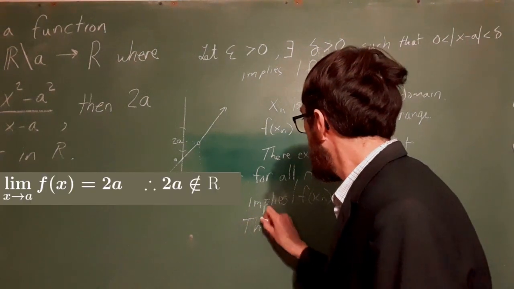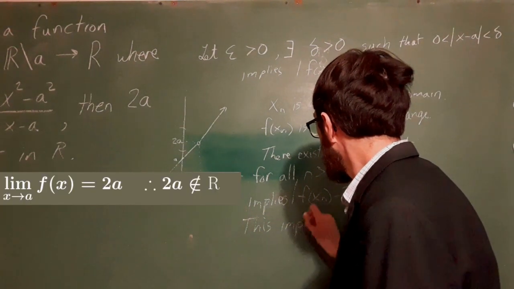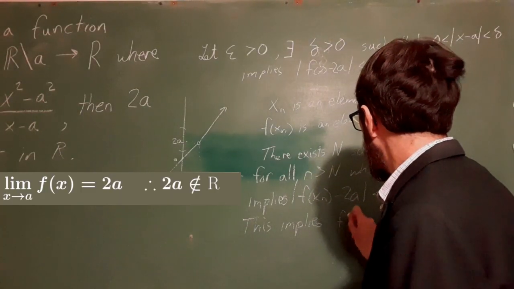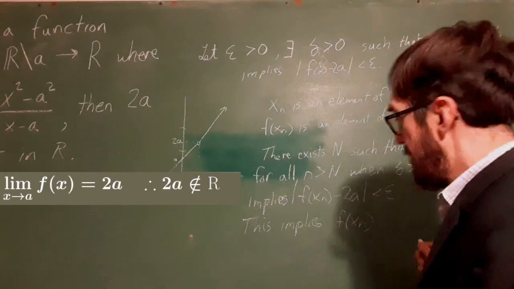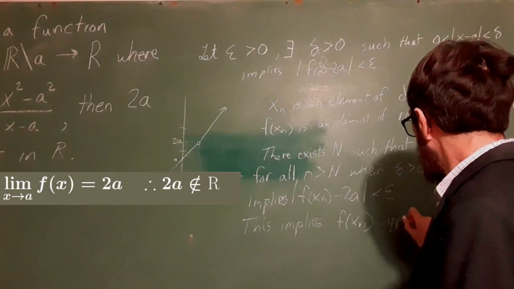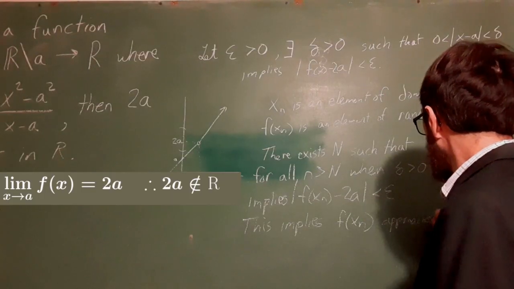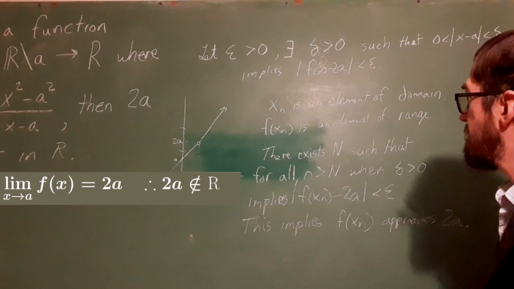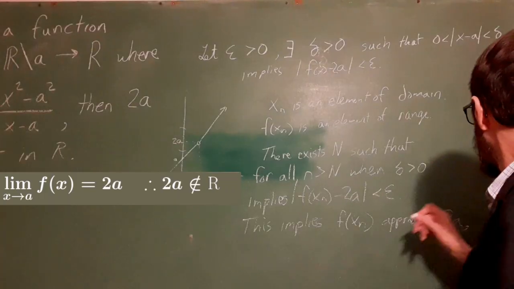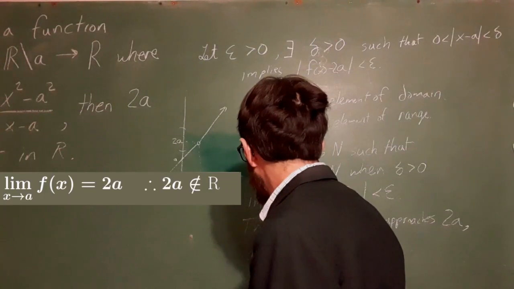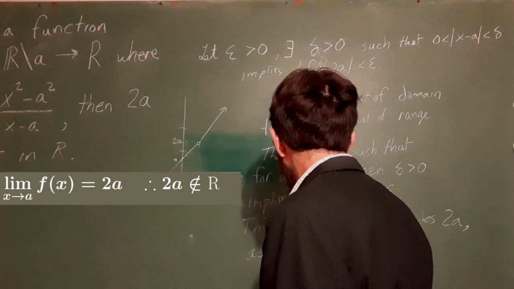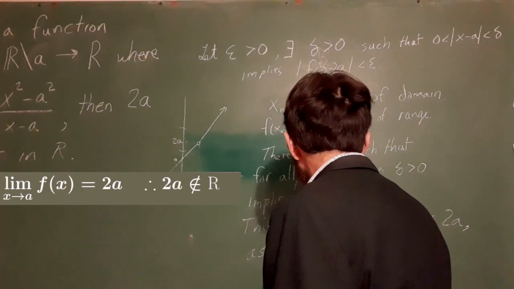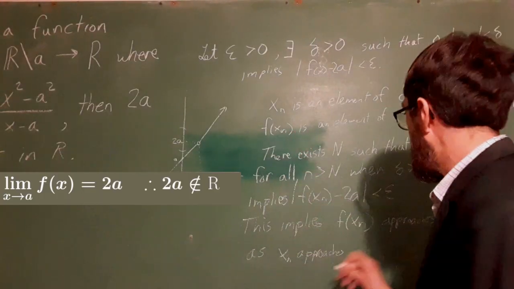This implies that f of x sub n approaches 2a as x sub n approaches a.